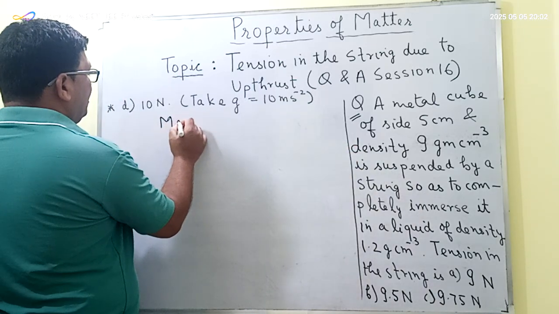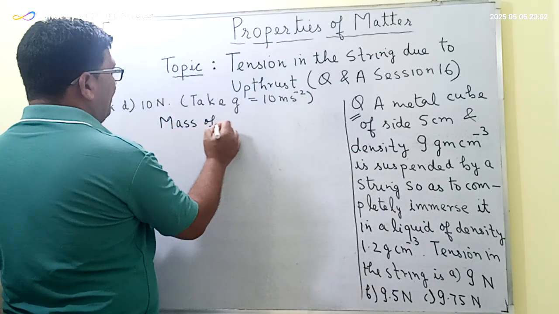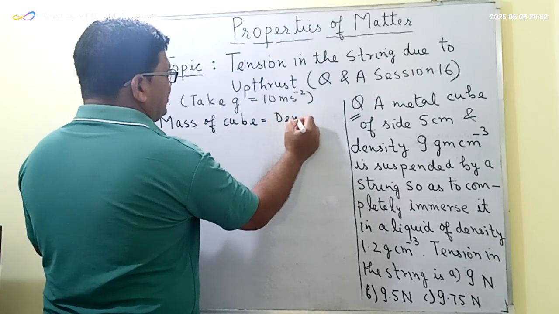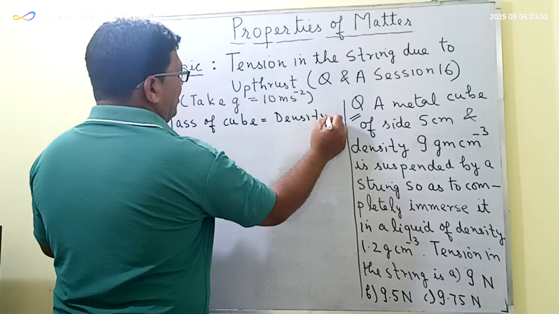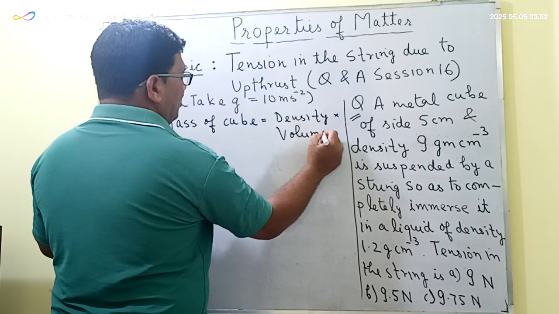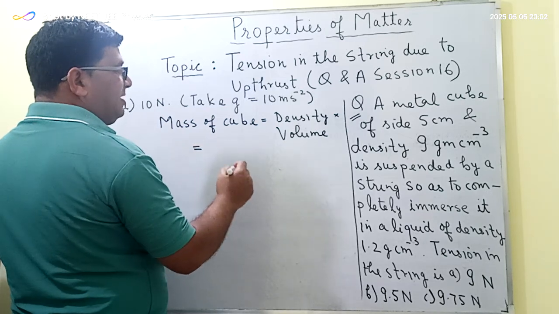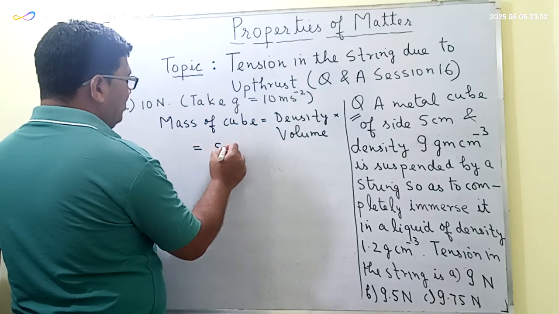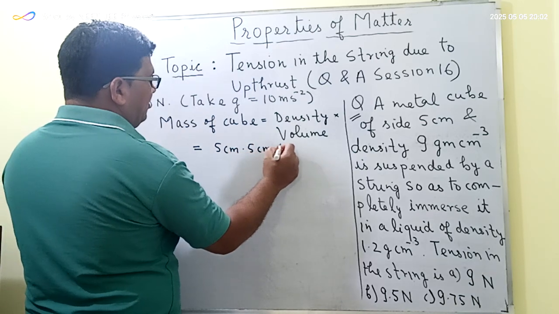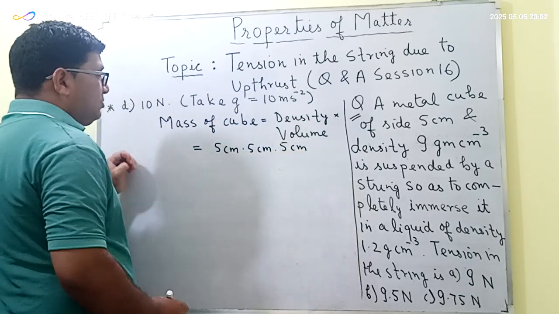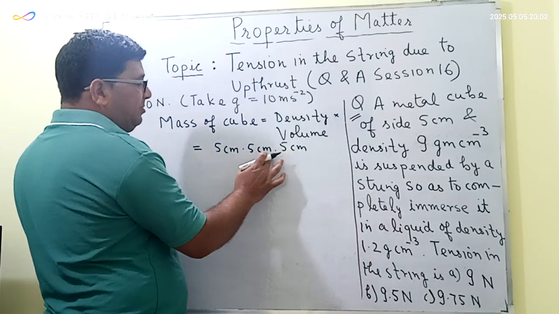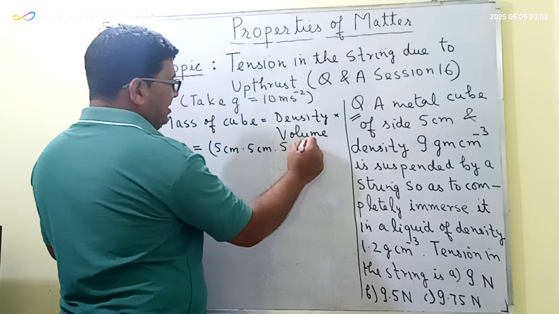mass of the cube, and the mass of the cube will be equal to the density of the cube multiplied by the volume of it. So the density will be equal to 5 centimeter into 5 centimeter into 5 centimeter. Sorry, this is the volume. 5 centimeter into 5 centimeter into 5 centimeter is the volume, multiplied by the density.